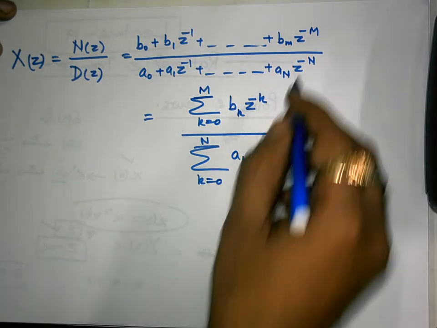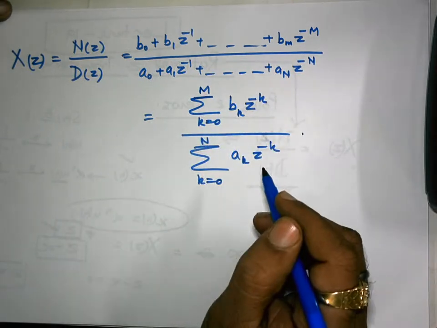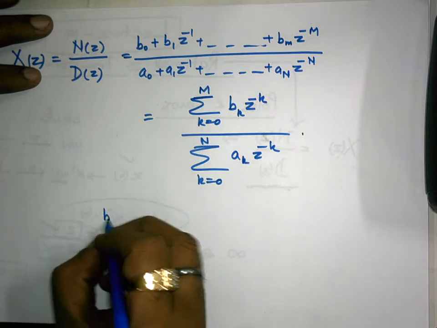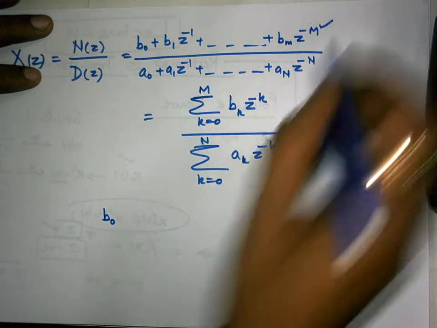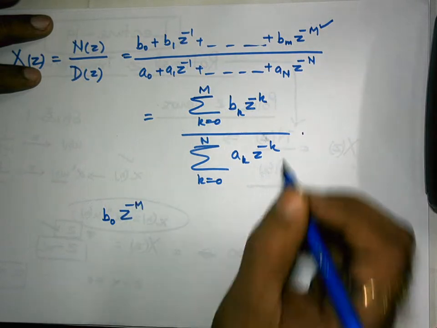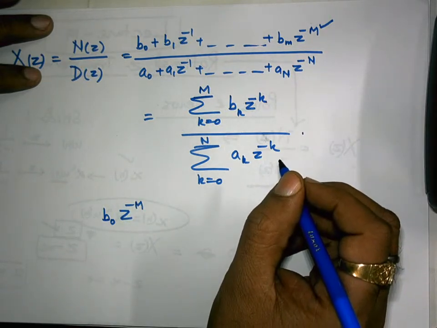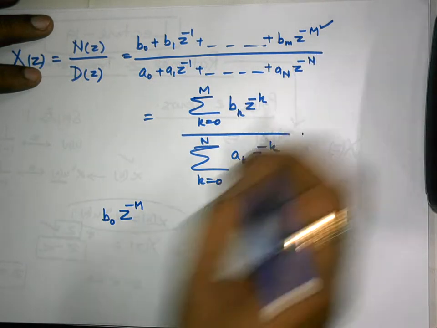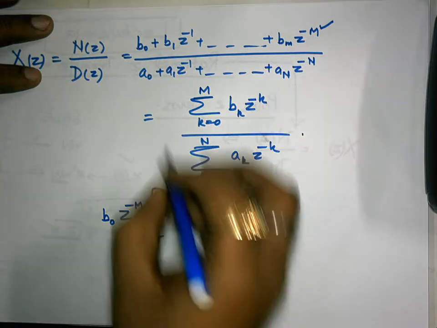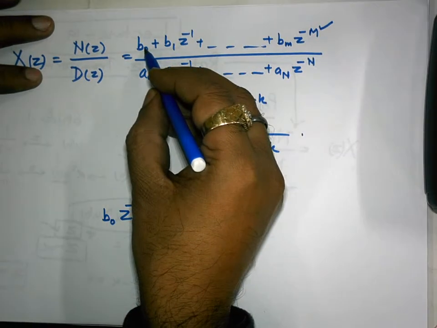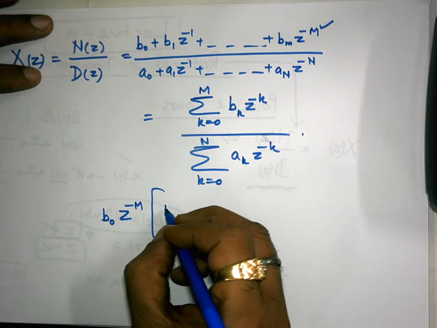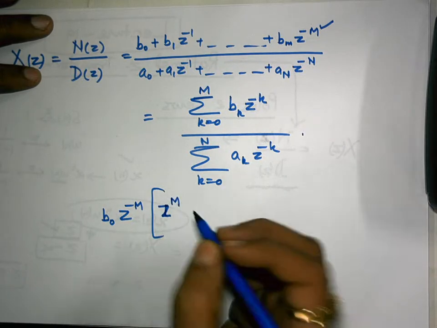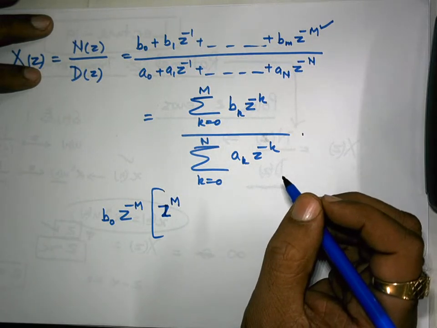Now, if you simply take b0 and z to the power minus m common in the numerator polynomial, b0 is taken out, and then just to nullify the effect of this z to the power minus m, you have to multiply it by z to the power m.